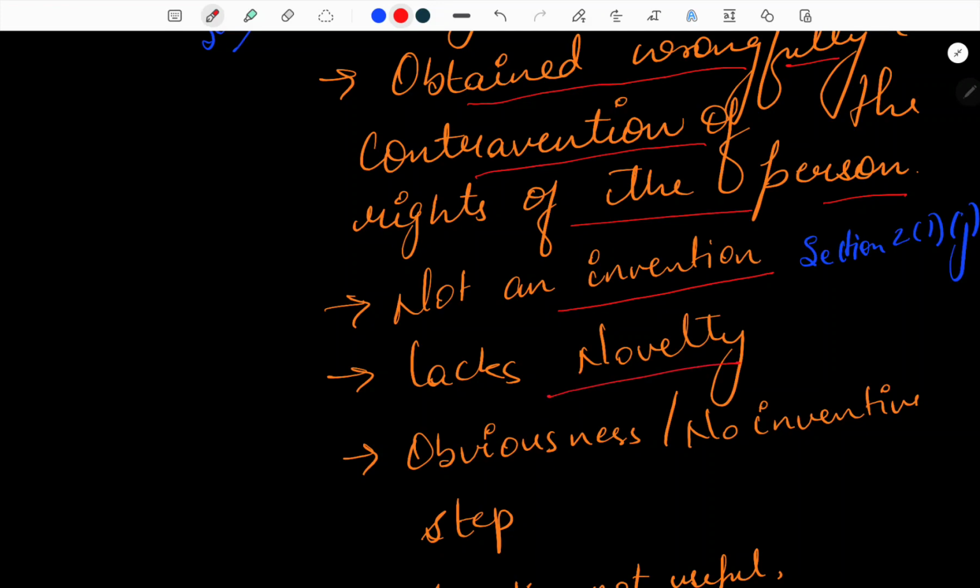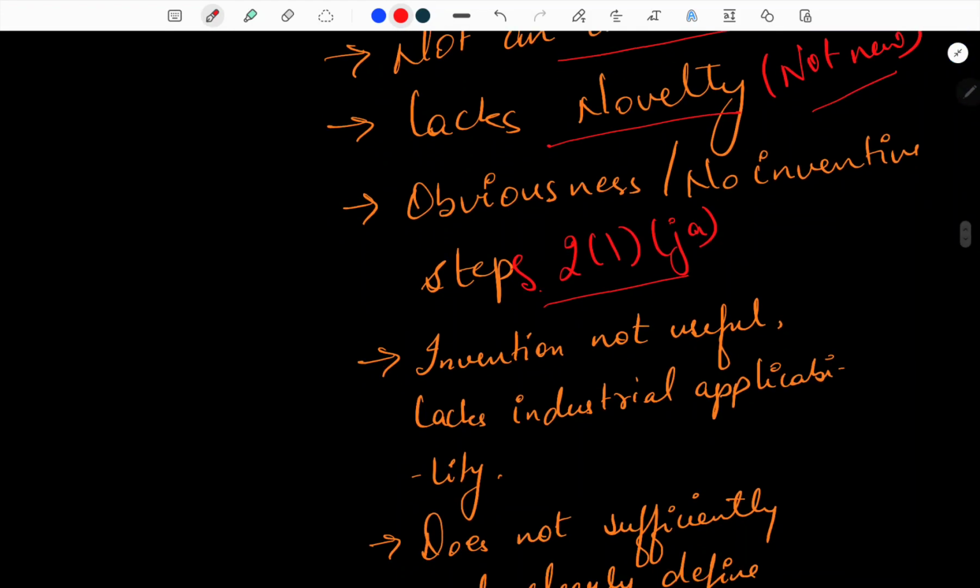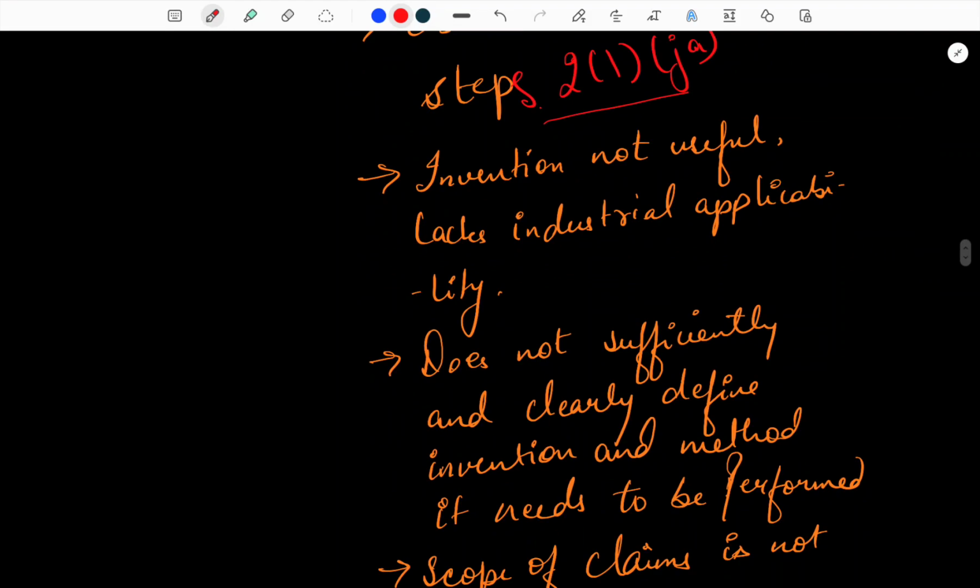Lacks novelty, that is, it is not new. Or obviousness, no inventive step, section 21JA. If it lacks section 21JA, then again it's a ground for revocation. Or the invention is not useful, lacks industrial applicability, section 21AC.